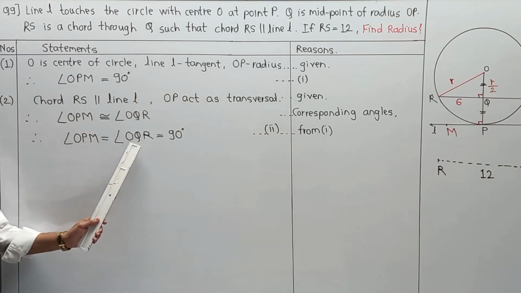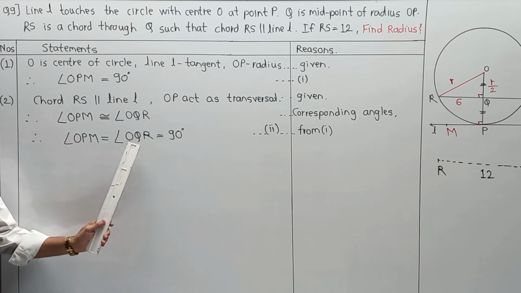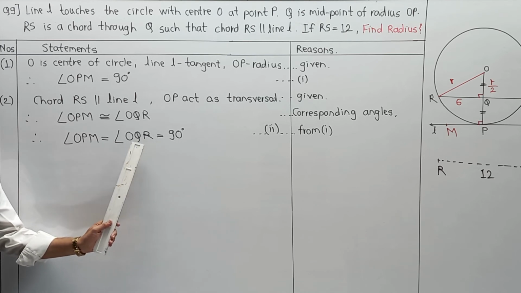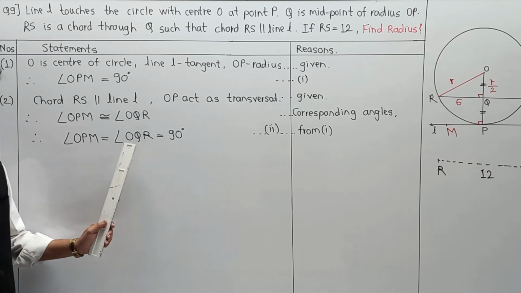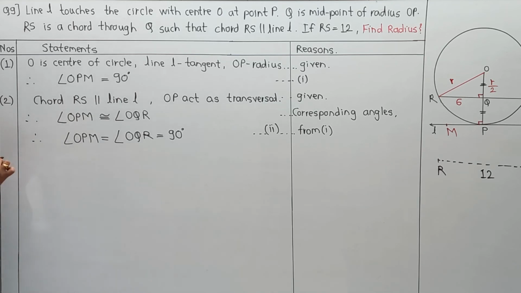Now as angle OQR is 90 degrees, but this OQR is made of OQ and QR. Here the part OQR is 90, but observe the part of the third category in terms of a group. What is the third part? Try to understand in the diagram.